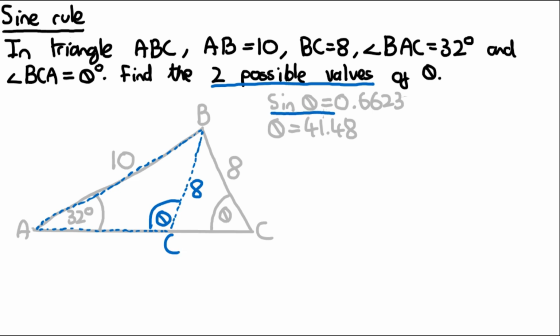Sin theta is equal to 0.6623. And the reason for this is because there are actually two values where sin theta is equal to 0.6623.